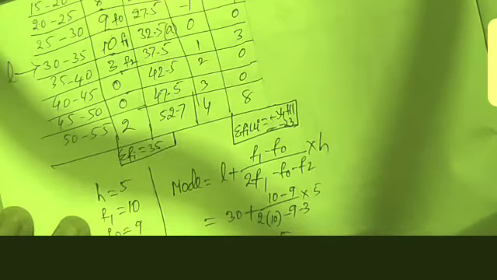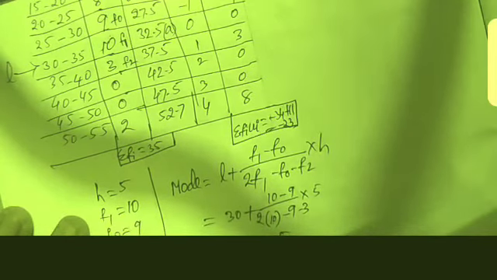On substitution, 2 10s are 20 minus 12, so you get minus 8. So that is 5 by 8. Now on adding 30 plus 0.625, 30.625 is the mode value.